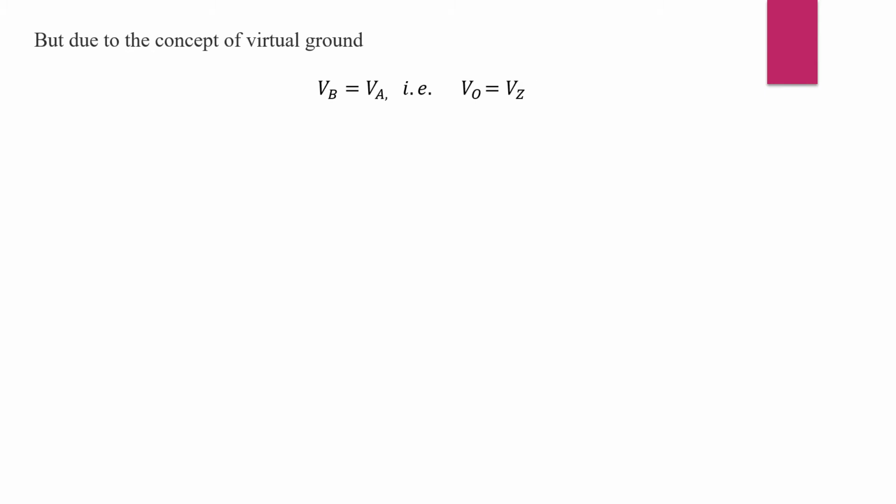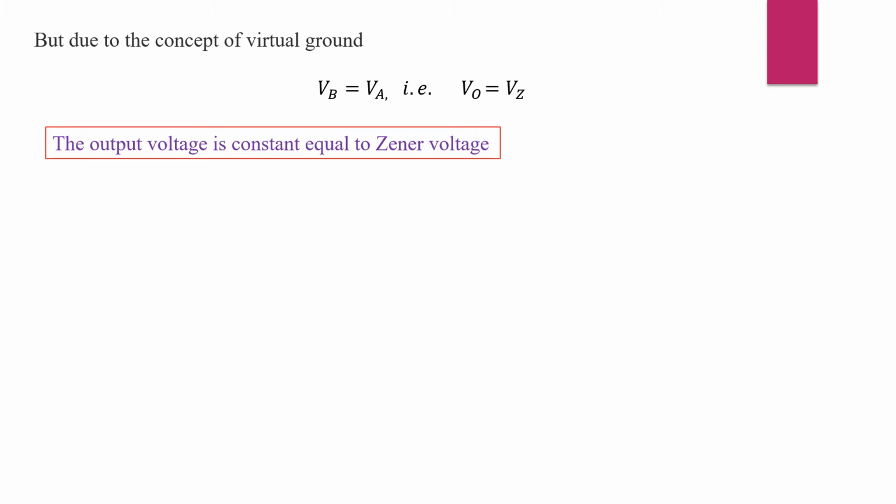So this will be the output voltage we obtain. Now the output voltage is constant, equal to the Zener voltage. The Zener voltage is maintaining the constant output, so the output voltage is followed or replicated at the input part.